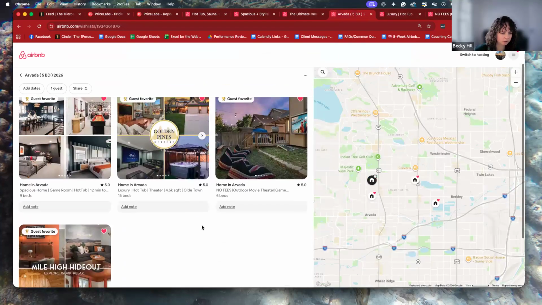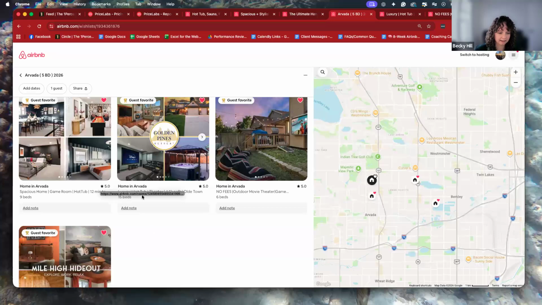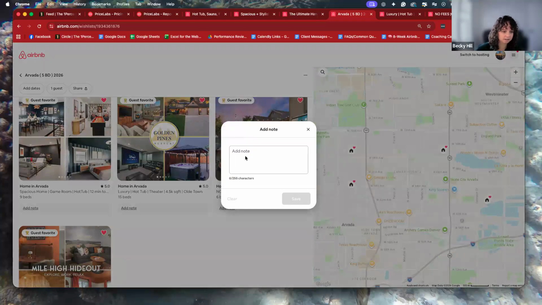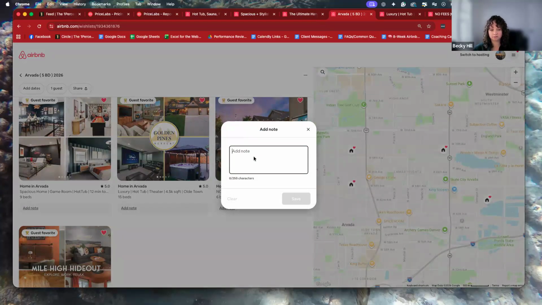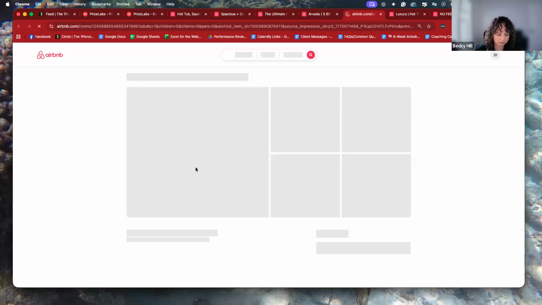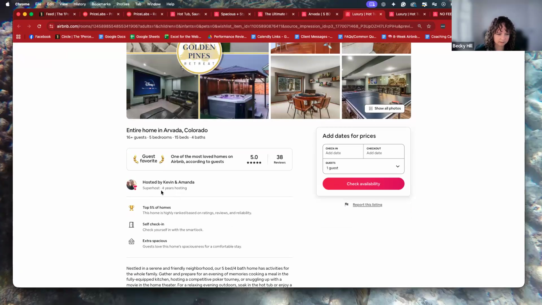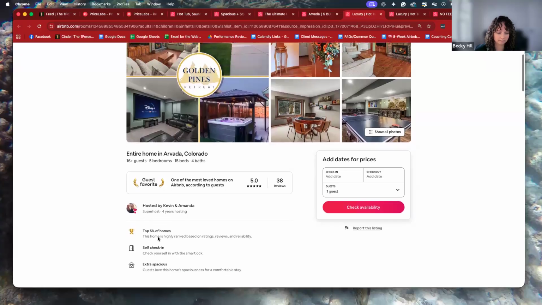Okay. So another thing you can do here that I like to do, even though it says it has hot tub, I like to add notes like what makes this property, why do I think this property is making so much money? Like why are they doing so well, right? They have a home movie theater. They have a hot tub. I take into consideration their guest favorite, superhost, and top 5%.